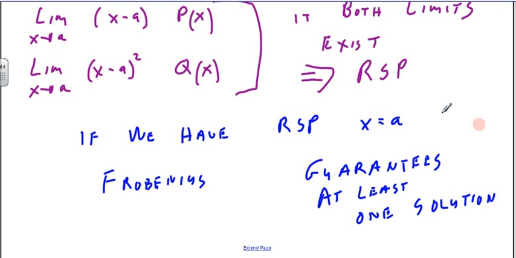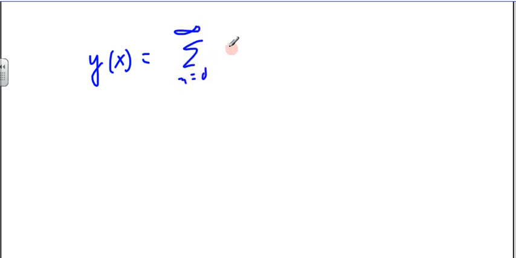Second thing you have to do is, well, you're going to use a different set of summation signs. So what you end up doing is you're using y of x is going to be summation n equals 0 to infinity of a_n x to the n plus r, where r, well, let's back up just a little bit.